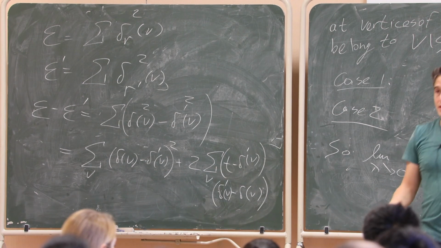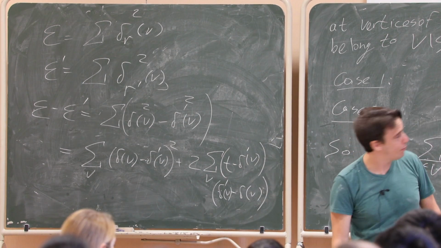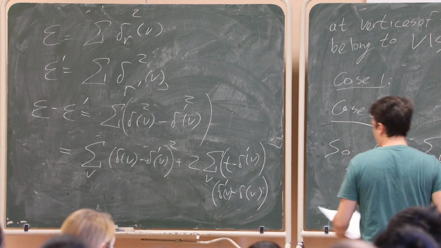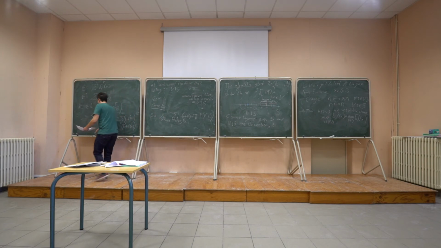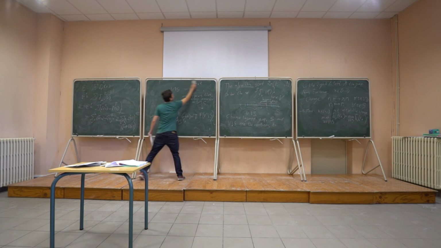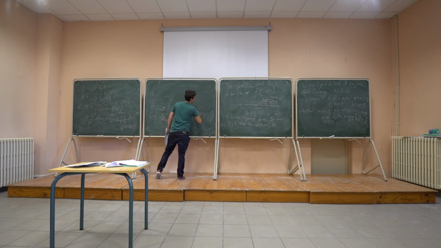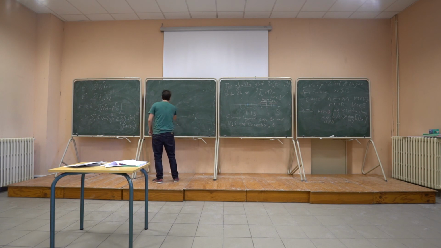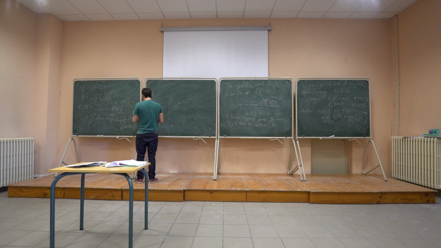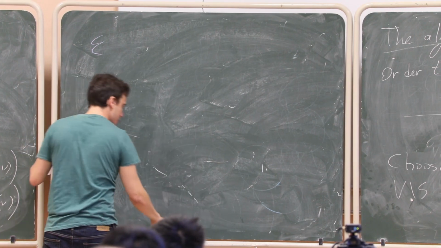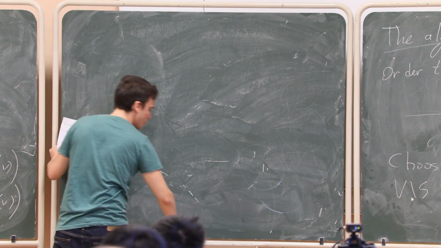Now, why does it decrease by a fixed proportion? Let me just do the analysis here. It's not very difficult. Here is the only place where I use the fact that I used the largest gap. So let's finish in 2 minutes.